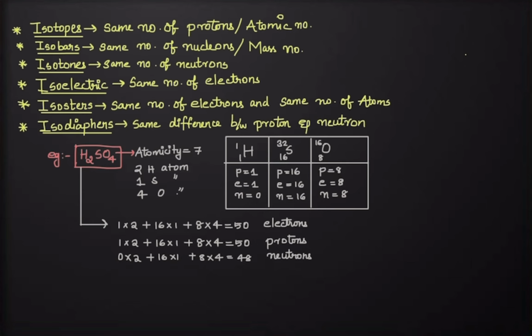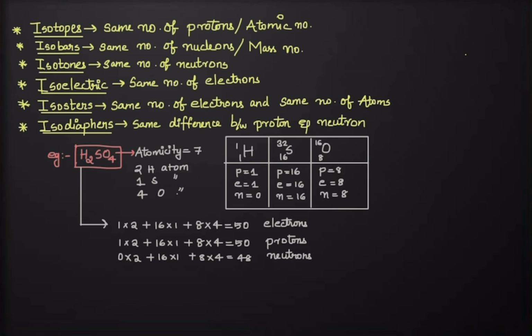There are two atoms of hydrogen in H2SO4, so we have to find the total number of electrons.